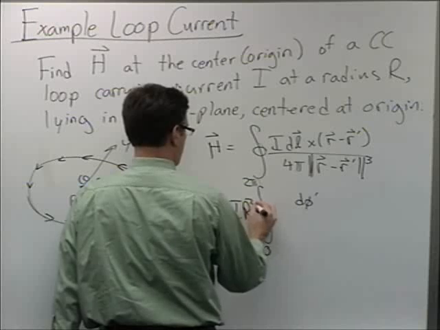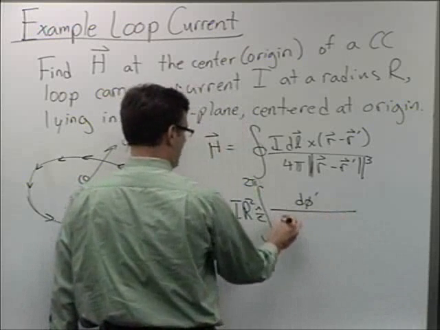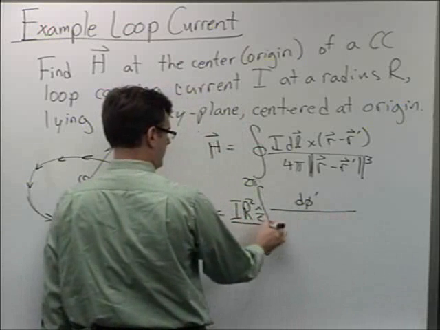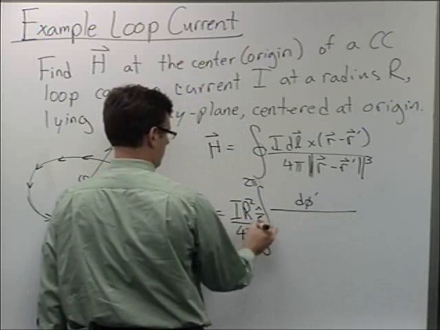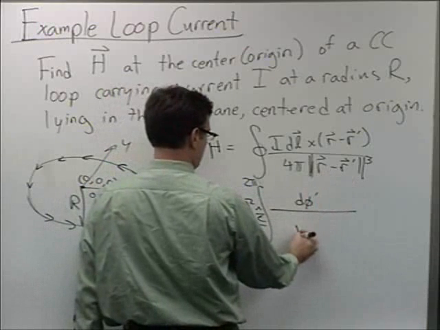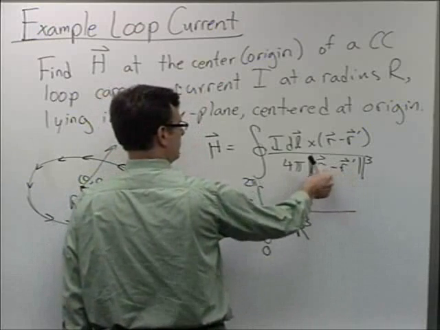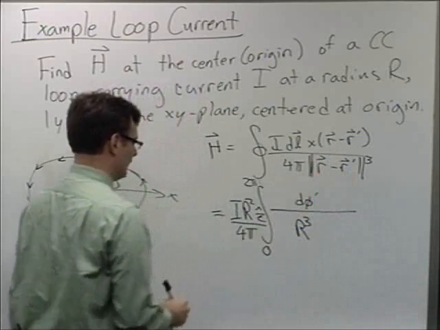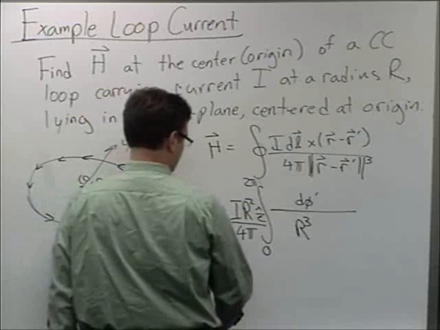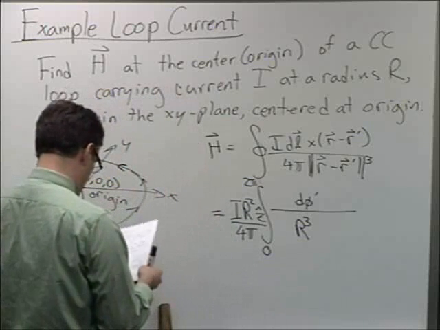R squared z prime, I'm dividing by 4 pi. Hey, that's another constant. And this evaluated to magnitude r cubed, the distance between the point of observation and my variable of integration. Hey, that's another constant. So at the end of the day, I'm just chock full of constants.